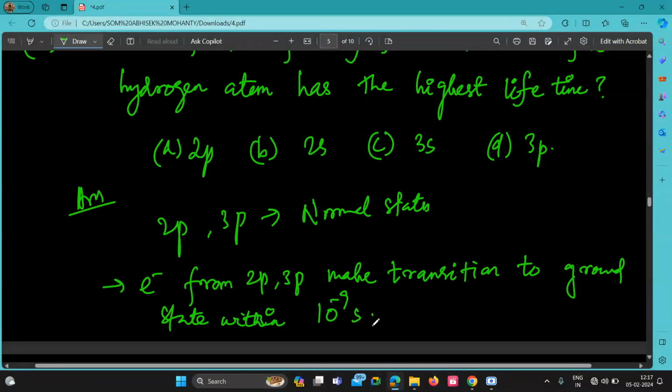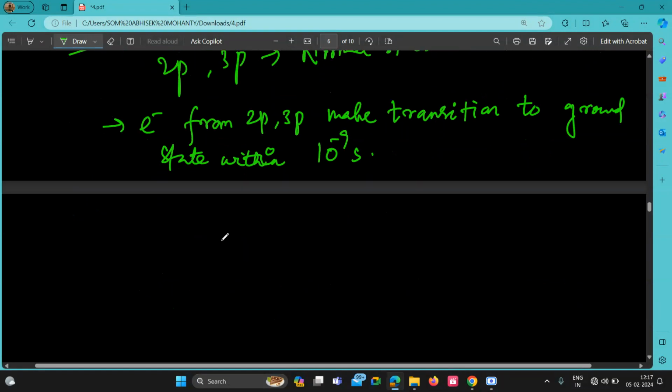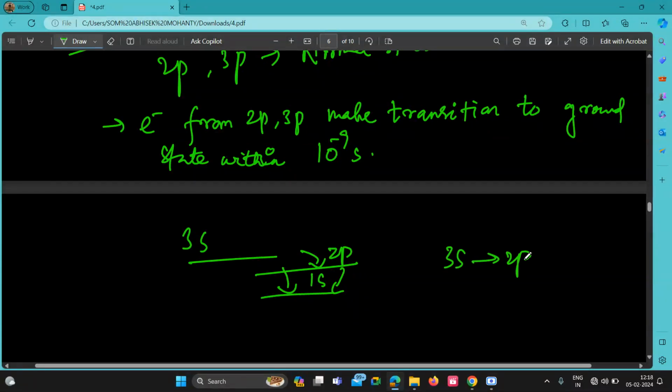But an electron in the 3s state cannot come directly to the ground state. It will first come to 2p and then to 1s: 3s to 2p to 1s.